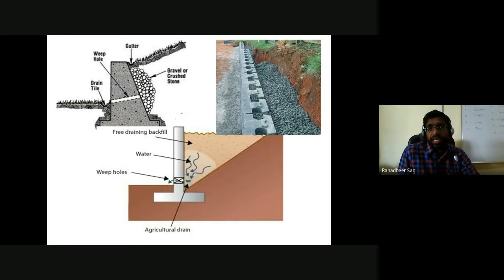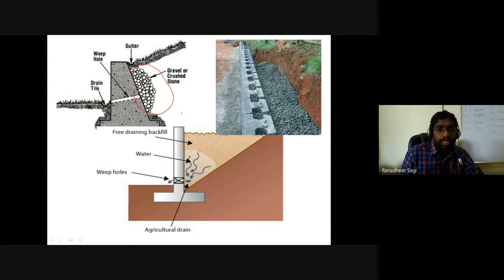As I mentioned, in order to minimize the effect of excess pore water pressures, we provide proper drainage conditions by placing coarse grained material immediately on the other side of the retaining structure, directly in contact with the surface of the retaining wall, so that whatever water exists in the soil being retained on the higher elevated side gets drained into that coarser medium.